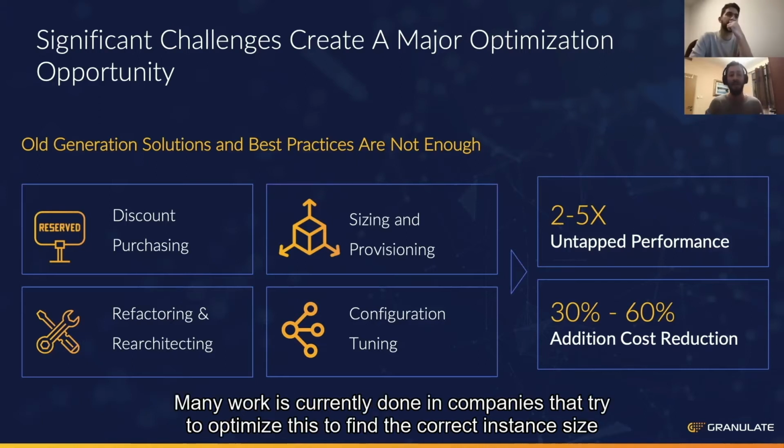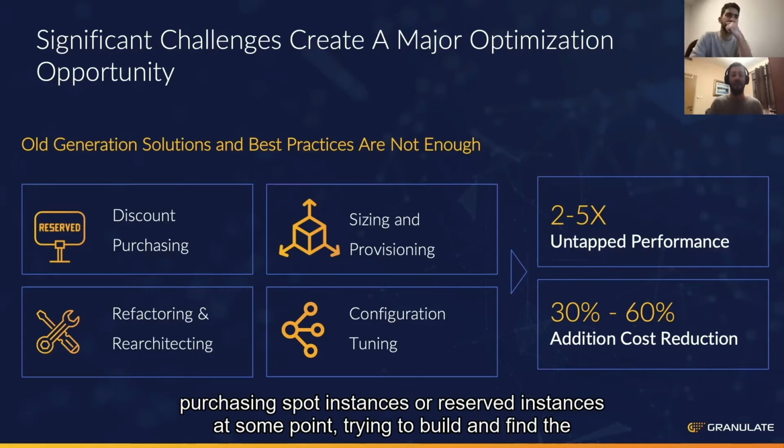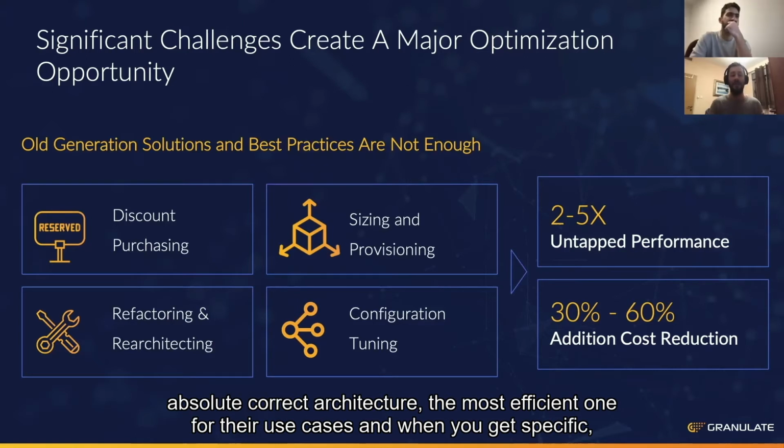Much work is currently done in companies that try to optimize this, to find the correct instance size, to provision the right amount of resources. They're working at scale, so they try to get discount purchasing, spot instances or reserved instances at some point. Trying to build and find the absolute correct architecture, the most efficient one for their use cases.